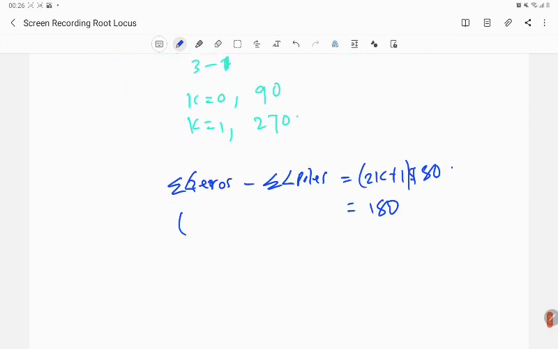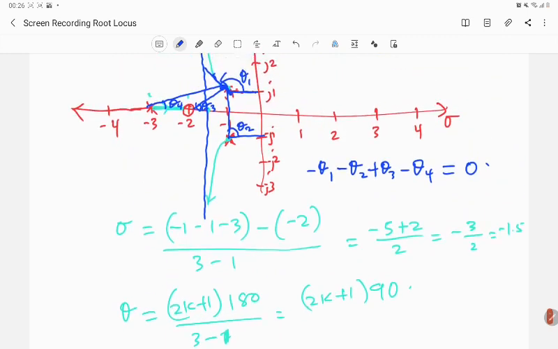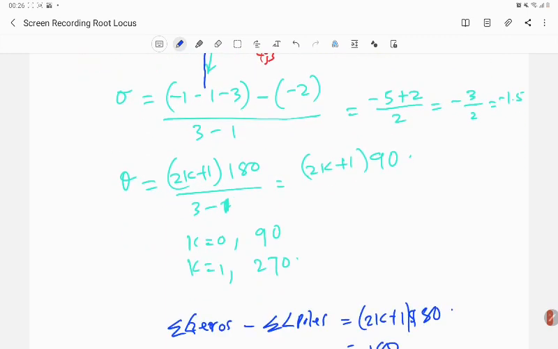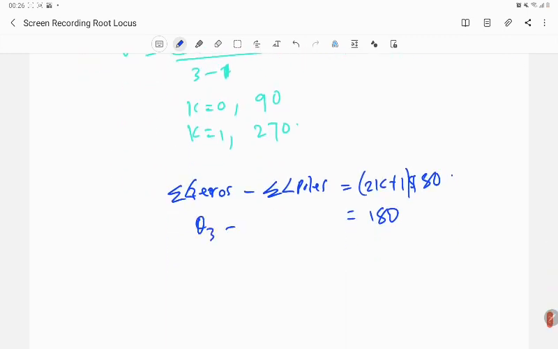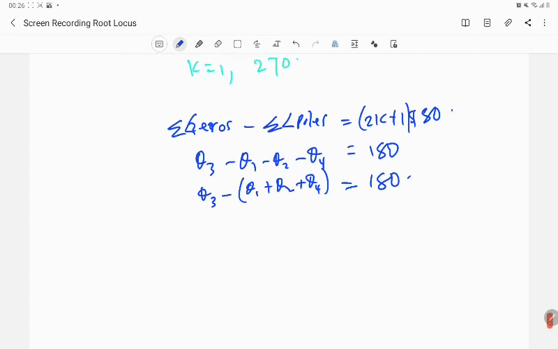That is theta 3. So theta 3 minus theta 1 minus theta 2 minus theta 4 should be equal to 180. Or if you want to be more conservative, theta 3 minus (theta 1 plus theta 2 plus theta 4) equals 180. Whichever you are comfortable with, you can use.